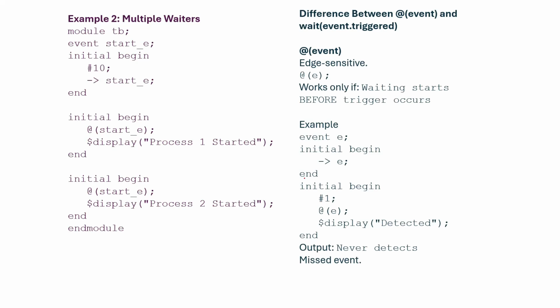Starting an event: event start. E is the name of the event, and then I'm utilizing it. So this is the event named start E, and then initial begin, at #10 the event is triggered. This is the triggering.